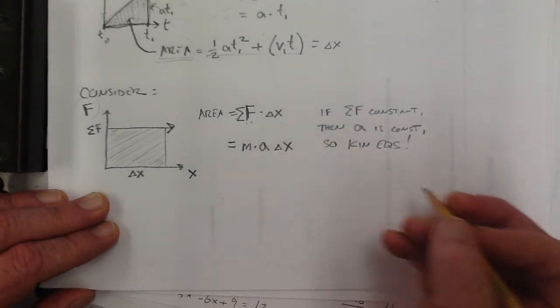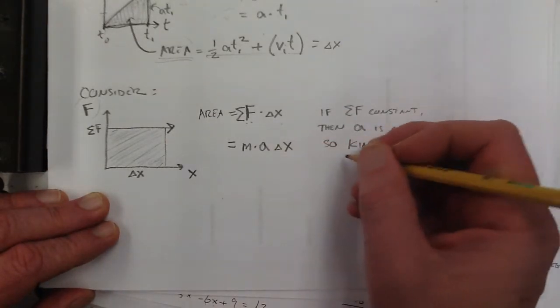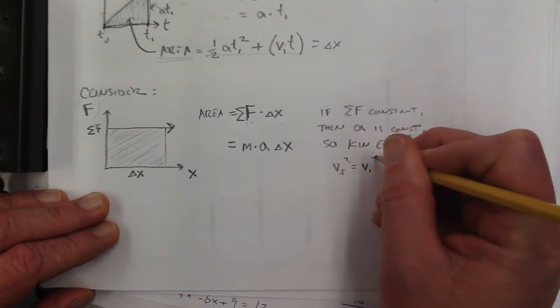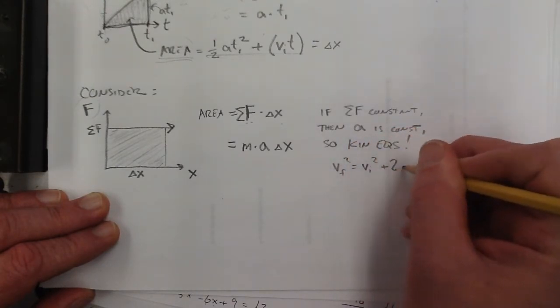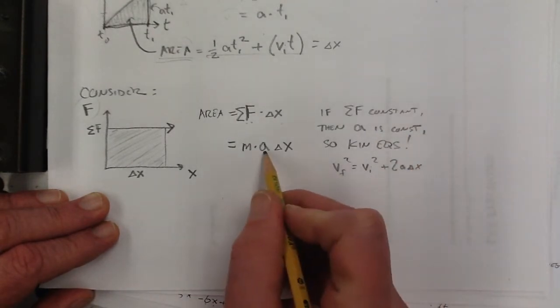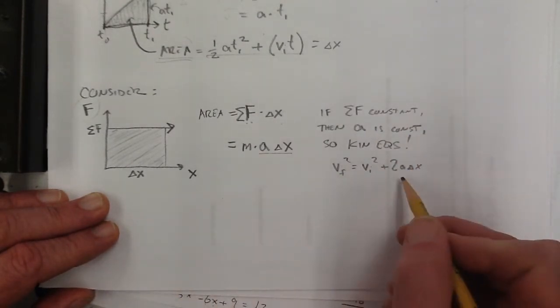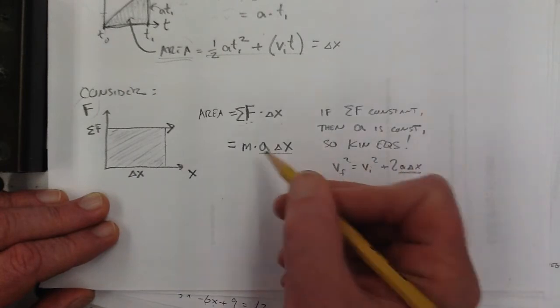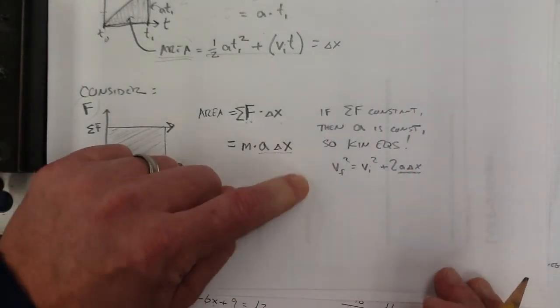There's a particular kinematics equation, the one that says that Vf squared is equal to Vi squared plus 2a delta x. So just observe here, I've got an a delta x here, and I've got an a delta x here. So I could solve for that and make a substitution. Maybe that would be enlightening.